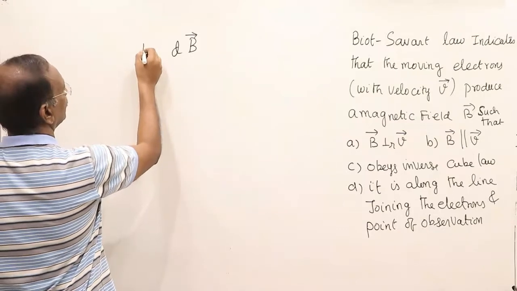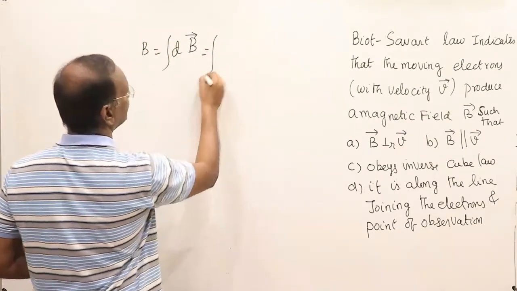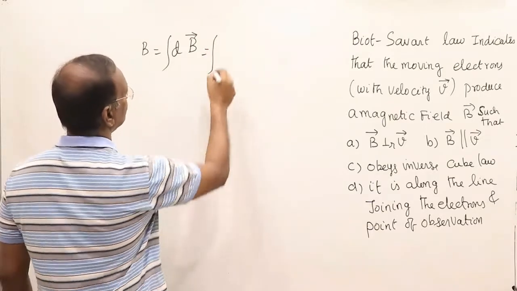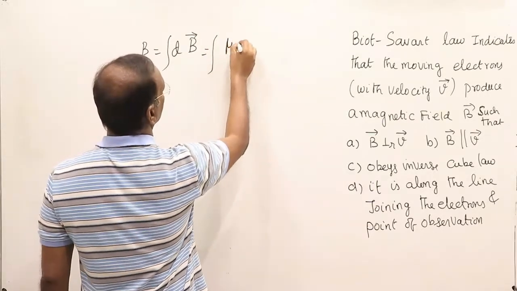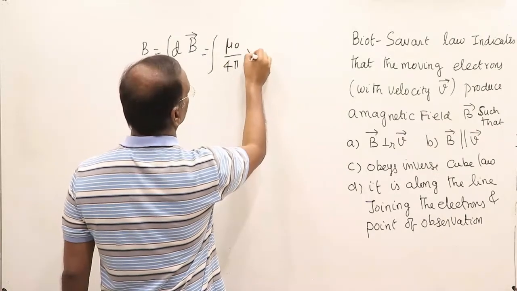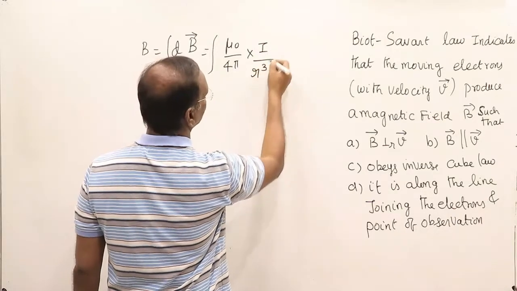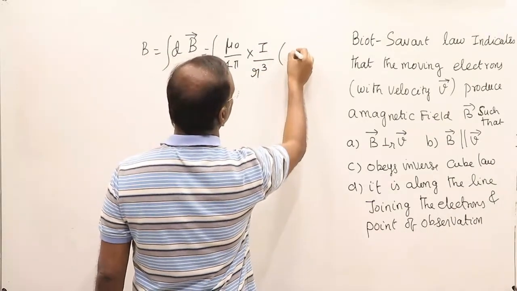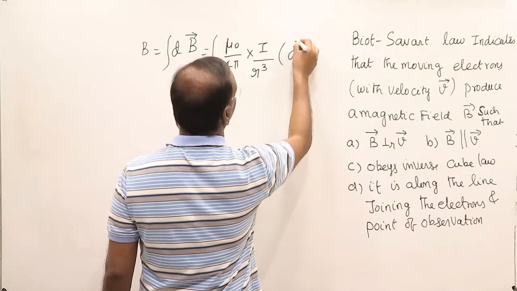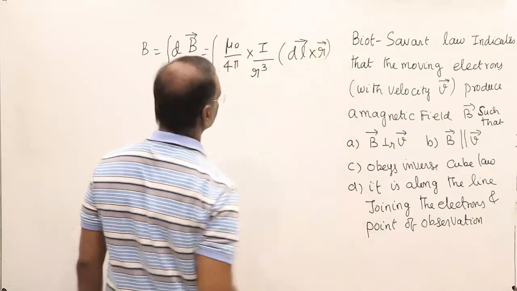dB, or B, is equal to the integral of dB. Writing in vector form, dB is equal to mu naught by 4 pi into I divided by r cube into dl vector cross r vector.